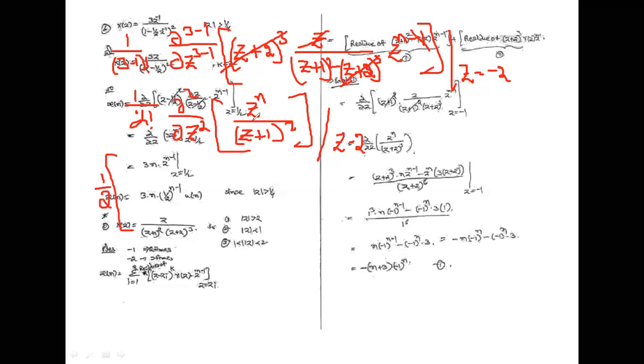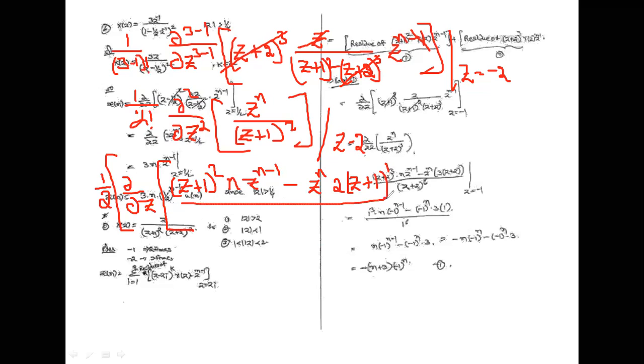I'm taking here the u by v rule, dou by dou z of: take the first one, z plus 1 whole square, and apply the derivative for this one, u is n into z power n minus 1, minus taking the v, z power n, and 2 into z plus 1 whole power 1, whole divided by z plus 1 whole square, it becomes z plus 1 whole power 4.